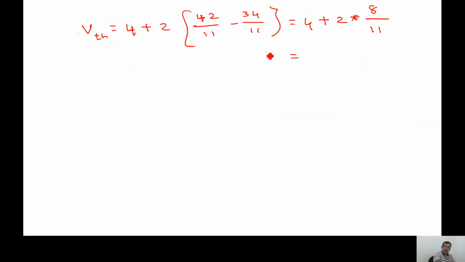That becomes VTH equal to 60 by 11. The unit is obviously volts.